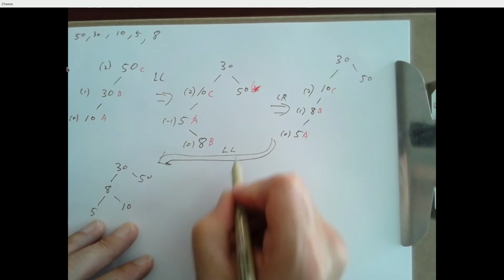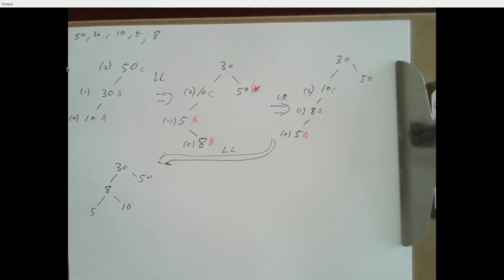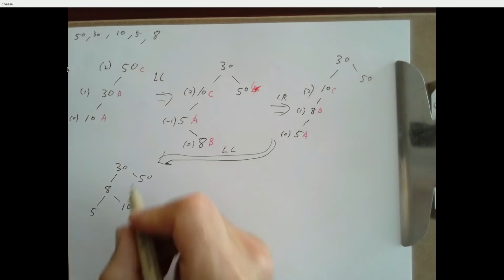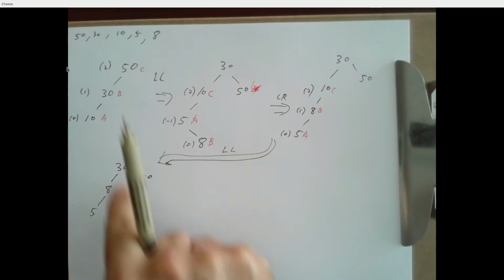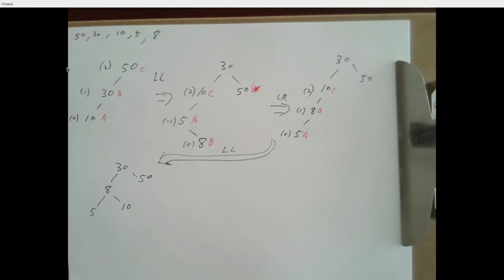So that's our left-left adjustment, and this is balanced again. Right, and when you're doing this, make sure that it's still a binary search tree, 5, 8, 10, 30, 50. Make sure the order is still correct. That's a good check.